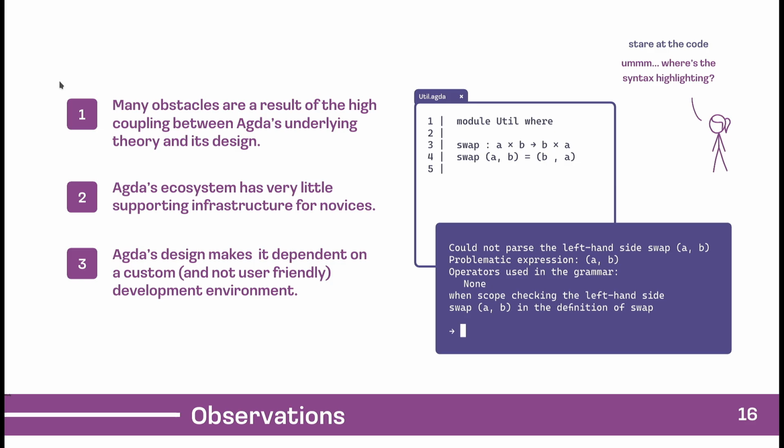For example, Agda has some interactive features where you can basically talk with the compiler, and that means that you cannot edit it in a plain text file. You really need to use an Agda mode plugin to be able to leverage all the powerful features. But that plugin crashes, it does strange things, and you have a lot of maintenance around it as a user to be able to use it.